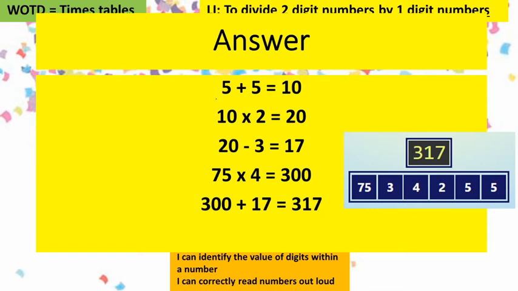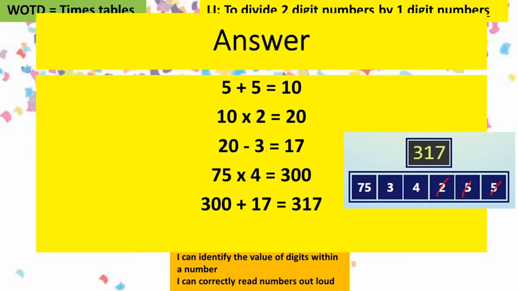Okay, let's have a look at my answer. Once again, there's lots of different ways to do this. This is just one method. So if you've got a different method where you got the right answer, then fantastic. Or if you just got really close, then well done for persevering. So once again, I'm going to tick off these numbers once I've used them. So I start with 5 plus 5. So I've used those two. 5 plus 5 is 10. Then I've got my 10, and I'm timesing it by my 2. 10 times 2 is 20.